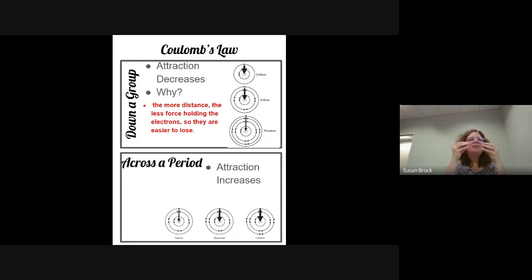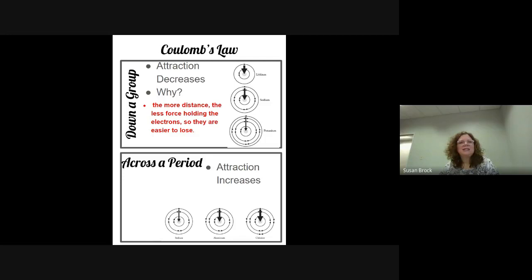You know this if you've ever played with small magnets. When they stick together, it's harder to pull them apart, but the farther apart you get them, you don't feel that attraction. More distance, less attraction. That's the first part of Coulomb's law.